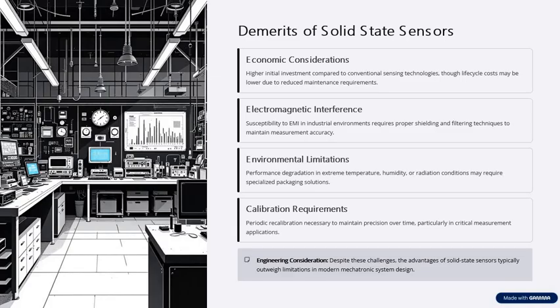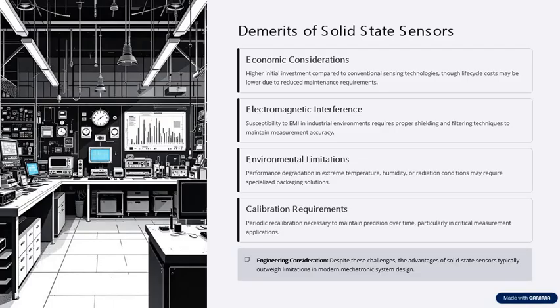They also have some demerits. The economic consideration: for developing nations it is a very difficult investment, requiring a huge amount of money for these projects. Electromagnetic interference always tends to affect industrial environments, and requires proper shielding and filtering techniques to maintain measurement accuracy.